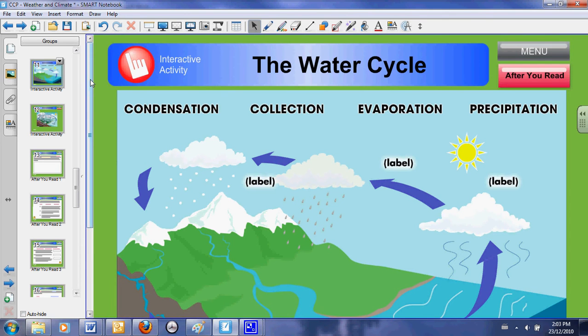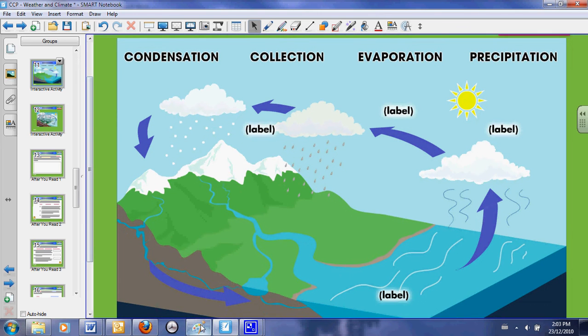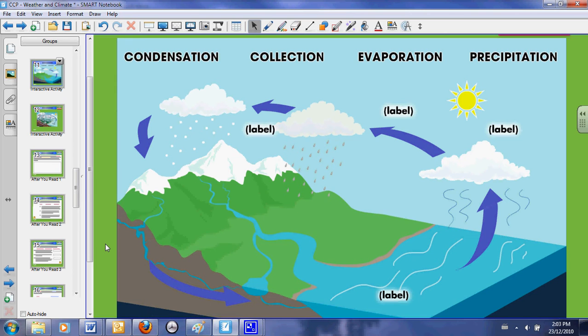The next activity is an interactive activity, so I would pause now and see if you could put those four parts of this water cycle into the correct spots.